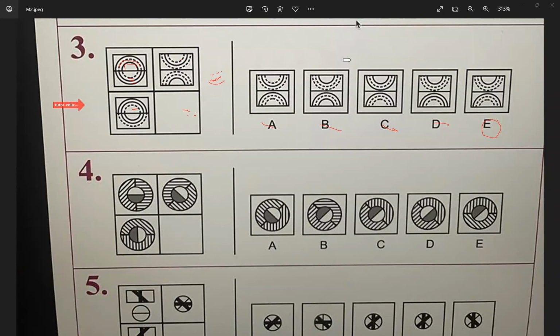Question number two. Sorry, question number four. Okay, question number four. So in question number 4, you have a gray and white half shaded circle, and then you have the shading.